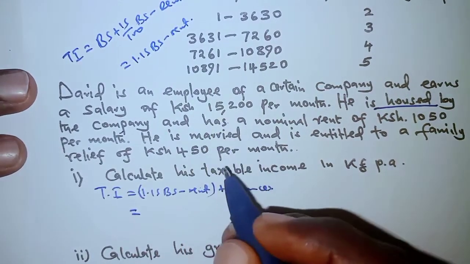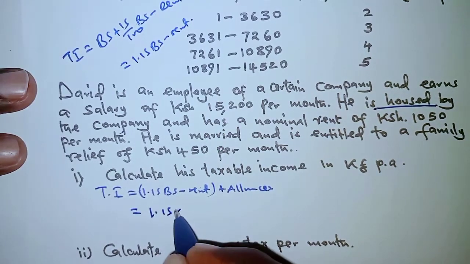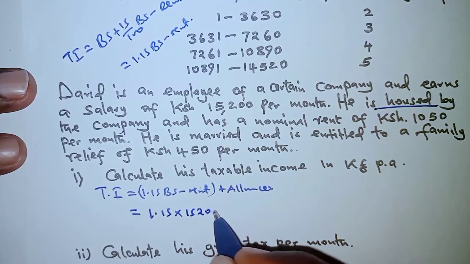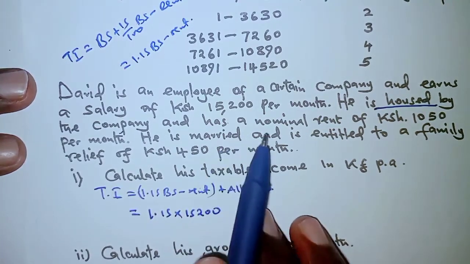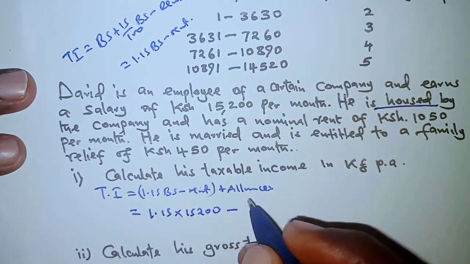So according to the question, we have basic salary, we're given as 15,200, and that simply means we will have 1.15 times the basic salary, 15,200, and then we are also given the nominal rent as 1,050, so we'll have to subtract that.